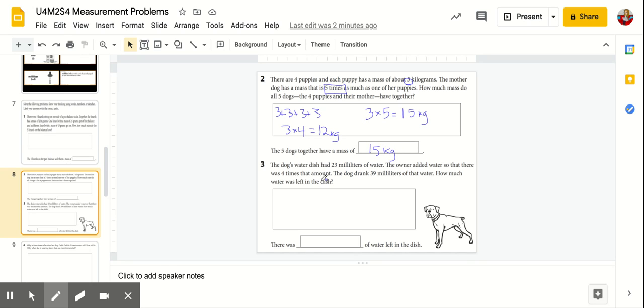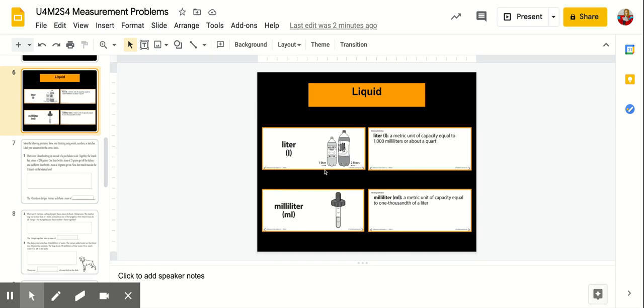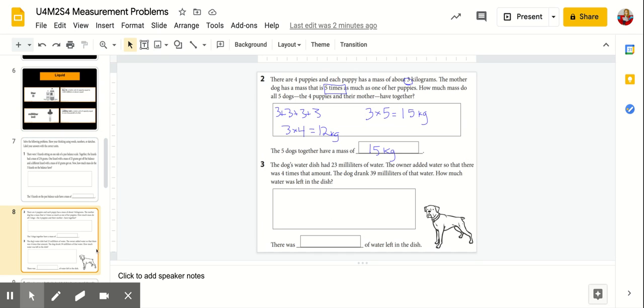So let's read this one. The dog's water dish had 23 milliliters. Is milliliter a lot or a little? Let's go back over to this slide here. A milliliter is 1/1000th of a liter. It's a very small amount.